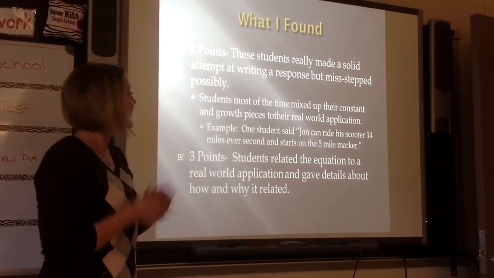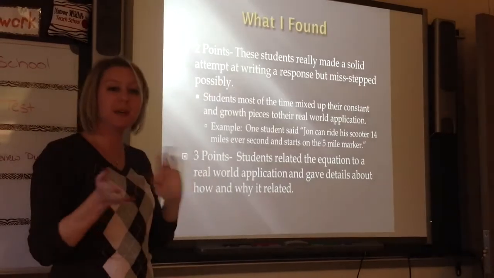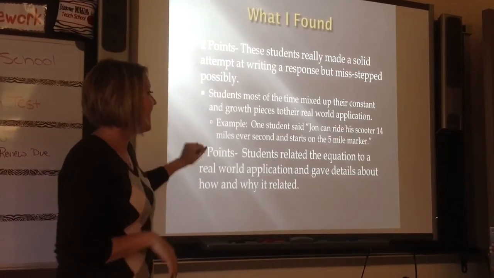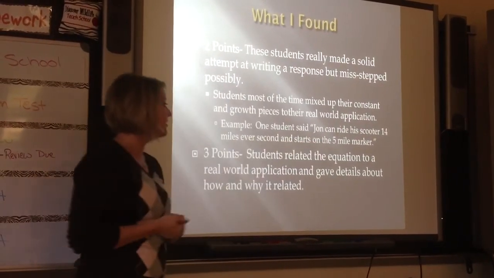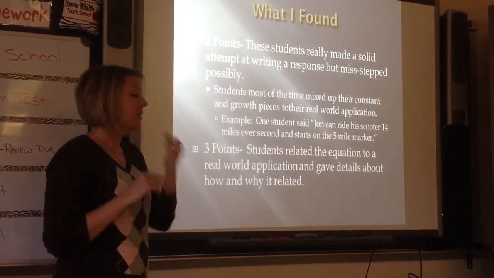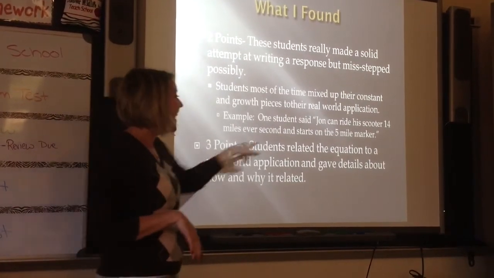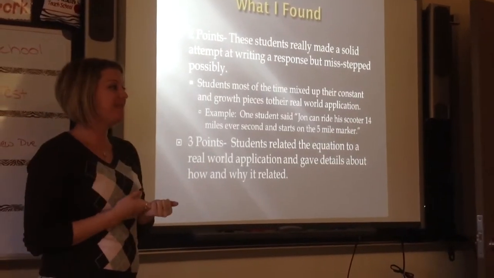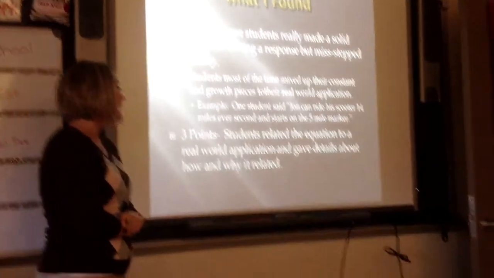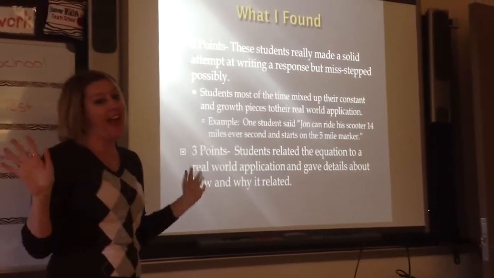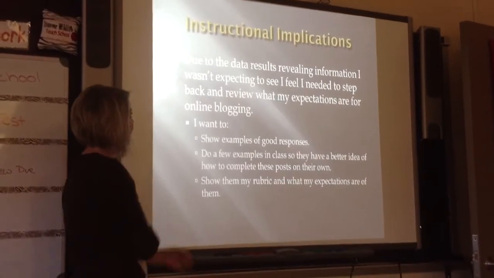No. 2 points, yeah, they were pretty close, but he mixed up that the 14 miles per second, that wasn't the growth, and then the 5-mile marker, that was not where he started from. And then 3 points, these people did excellent.